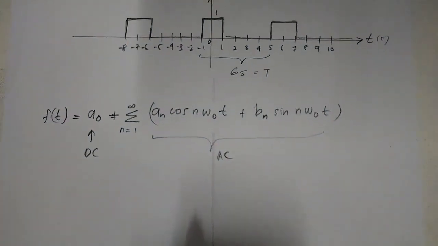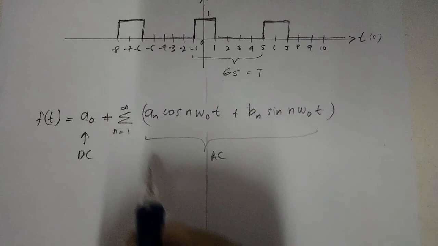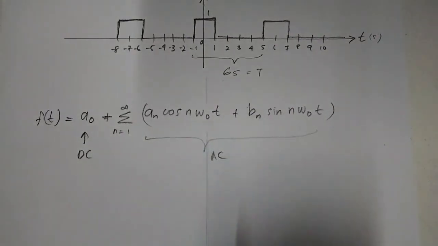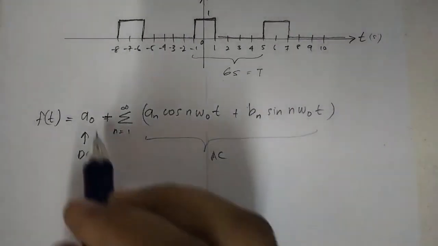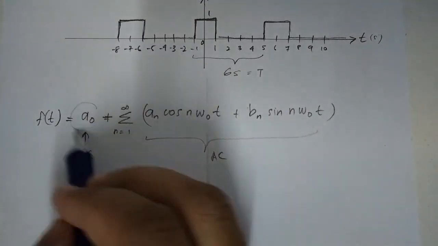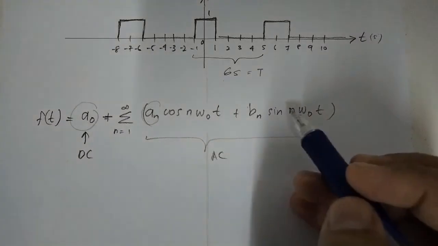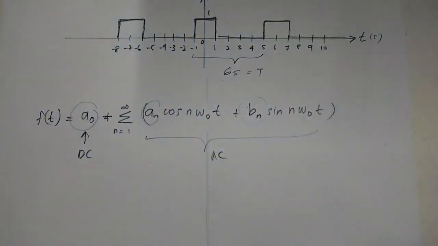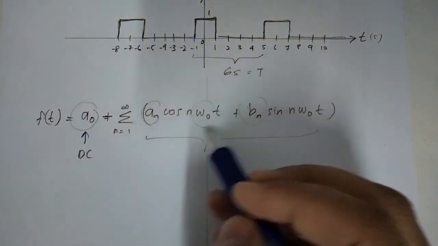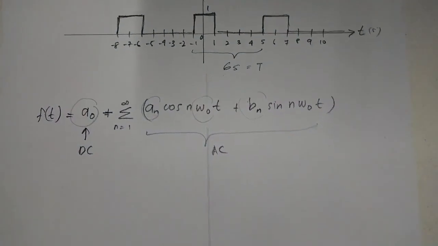Once we have written the equation, we need to solve for a0, solve for an, solve for bn, and also solve for omega naught as well.